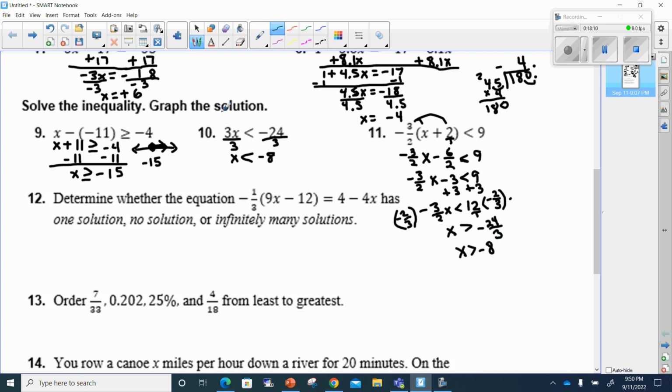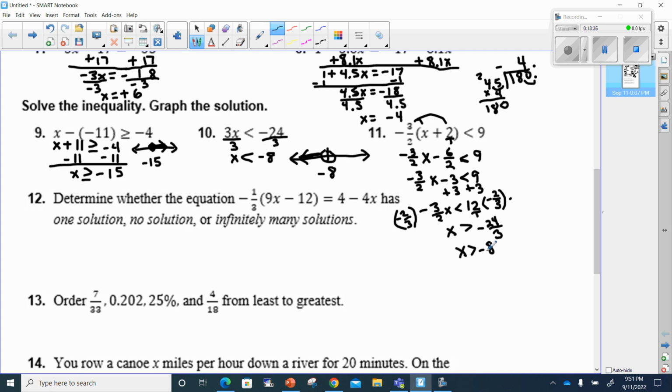And I notice I forgot to do my graph over here. Let me go back and take care of that. So this is going to be a less than symbol, so I would put a circle, not a dot, where negative 8 is. And then it's all the numbers less than negative 8, so all my lines and arrows should be pointed to the left.